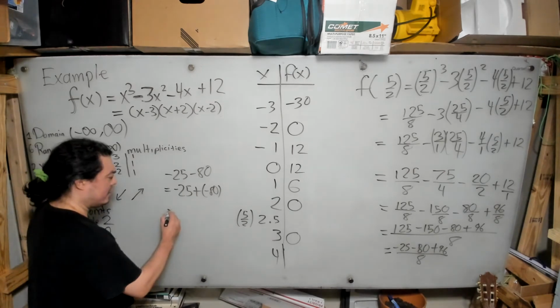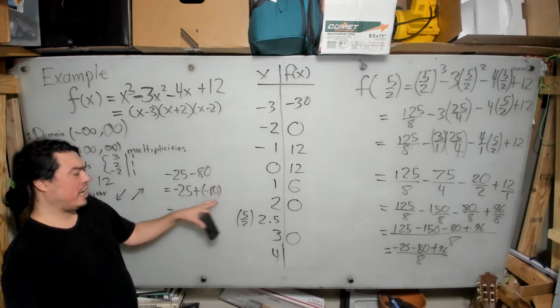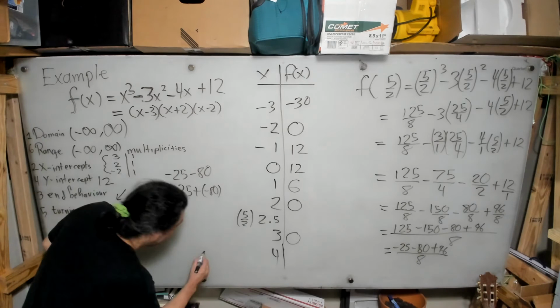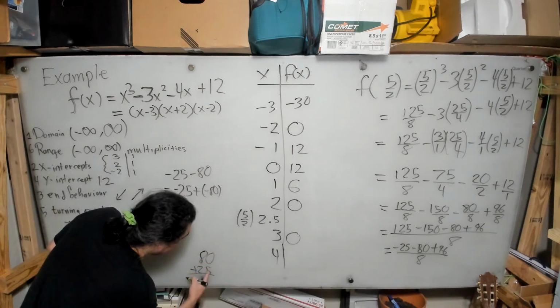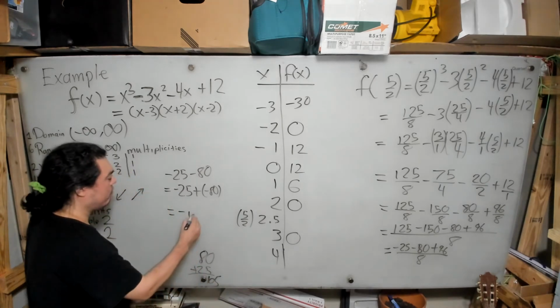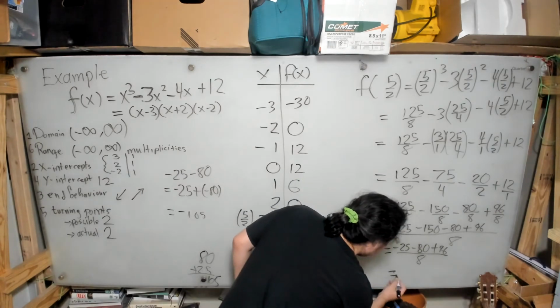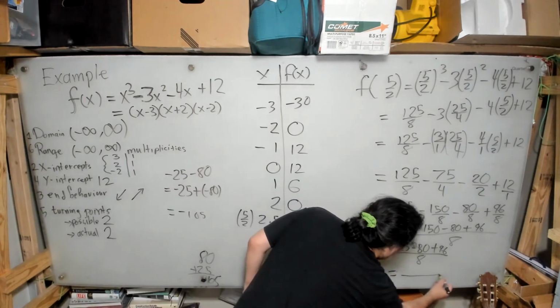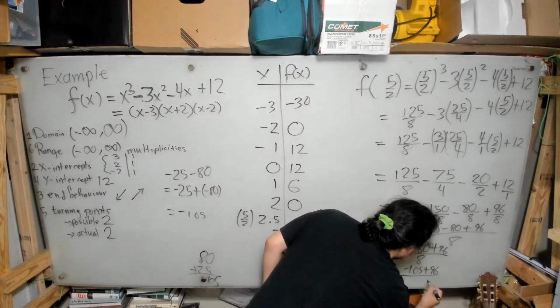So I keep the sign, the result will be negative, and I add the absolute values. What's 80 plus 25? 0 plus 5 is 5, 8 plus 2 is 10. So it's negative 105. Okay? So I can now rewrite this as negative 105 plus 96 over 8.